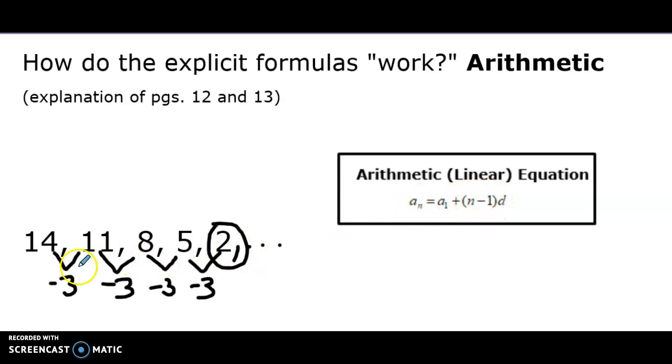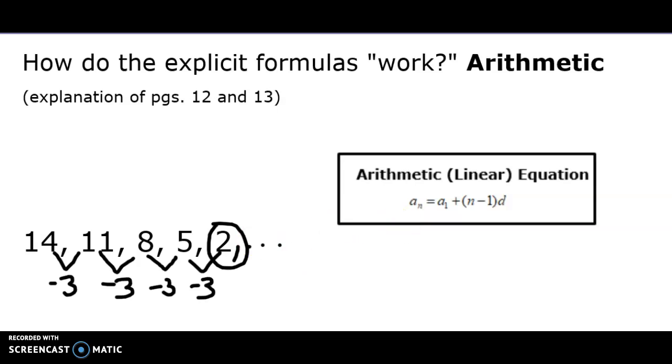So the fifth term, I would need to find 4 differences. So that's where that n minus 1 comes from. For however many numbers there are, if I was finding the 10th term, there would be 9 differences in between those numbers. That's where that comes from, if you were curious. And then I've got to multiply it by the actual common difference to find my fifth term.